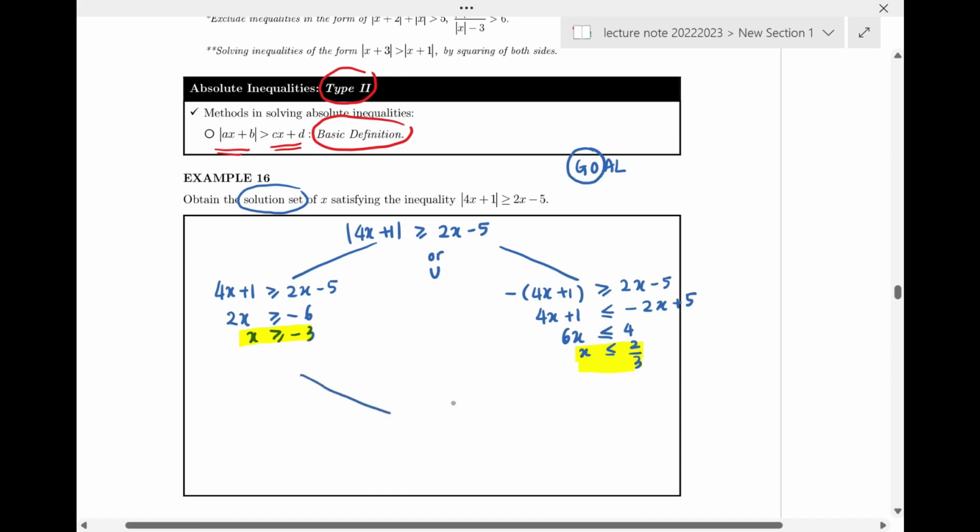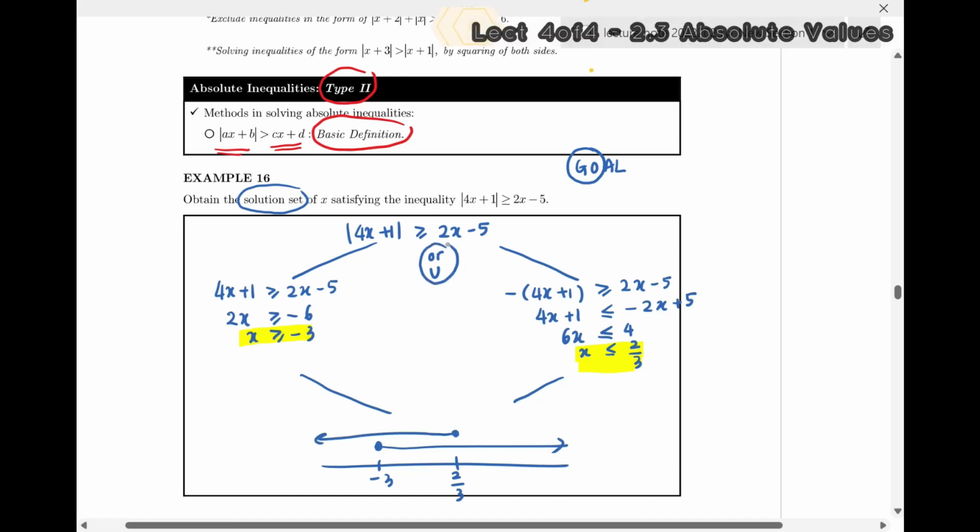You draw the number line and put the numbers together: minus 3 and then 2 over 3. The first one is greater than or equal to negative 3, a dense circle, and the other one is less than or equal to 2 over 3, dense circle as well. Since it is "or", we have to highlight all lines, highlight everything where the line is.